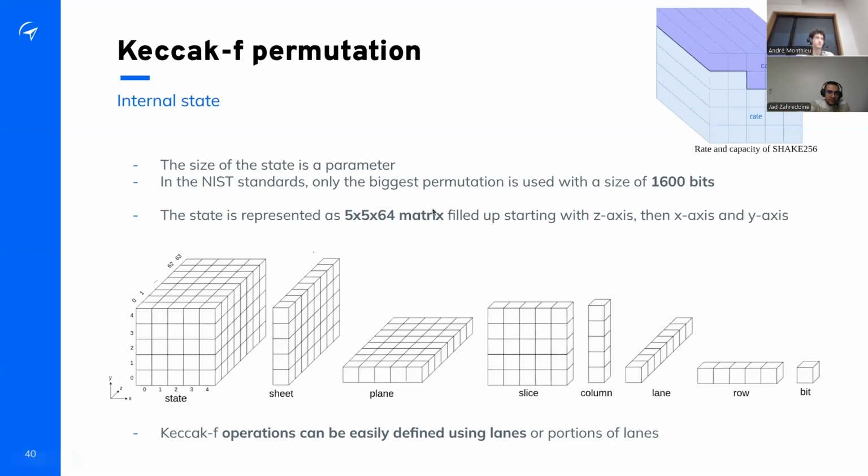So as it's a matrix that has a 64 component, it's going to be interesting to implement it on a 64-bit architecture. And as we can define these operations in portions of lanes, we can define them with half a lane. So a 32-bit architecture is also great for implementing Keccak and SHA-3. And then 16-bit when we use a quarter lane and so on. So it was a good choice.